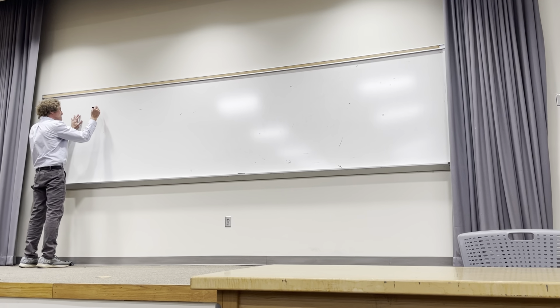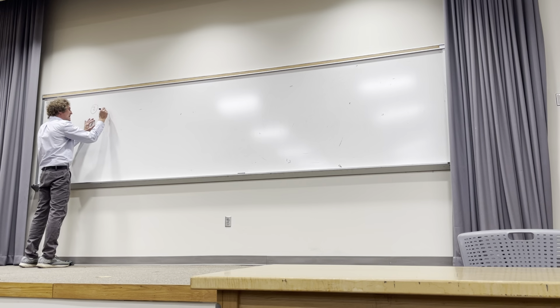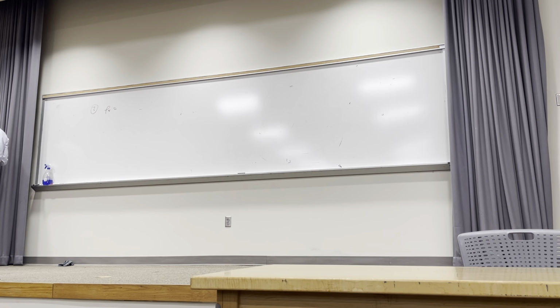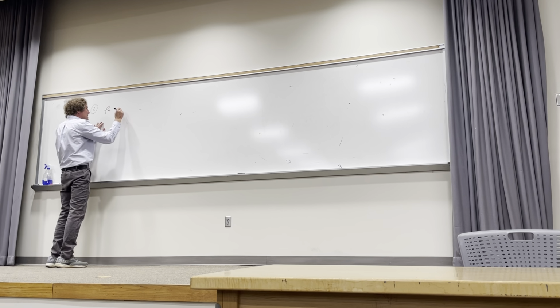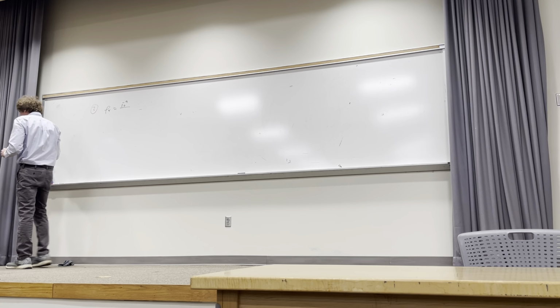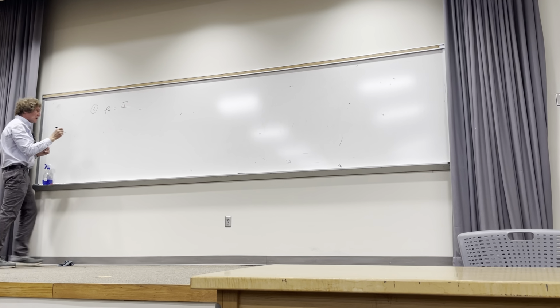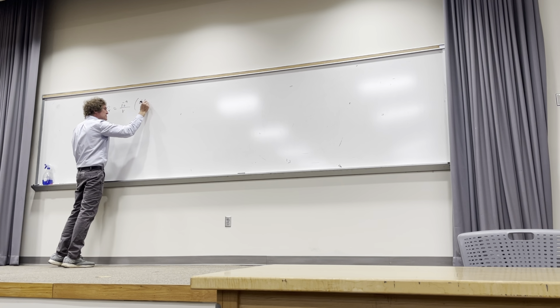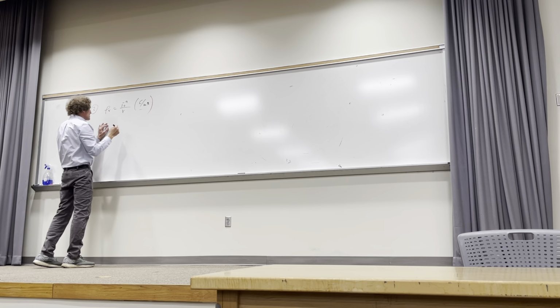So this is a spherically symmetric charge distribution. I give you the volume charge density as 10 to the minus 9 over r, and the units are coulombs per meter cubed.